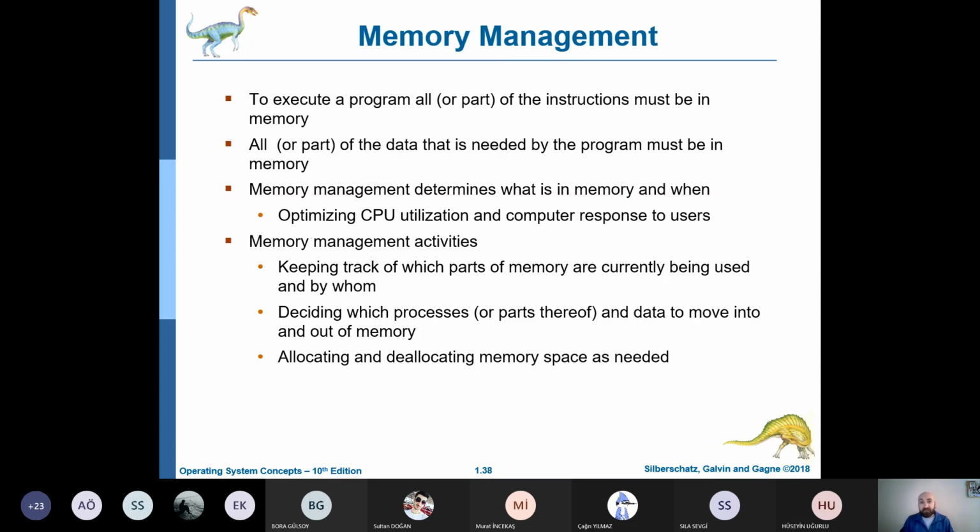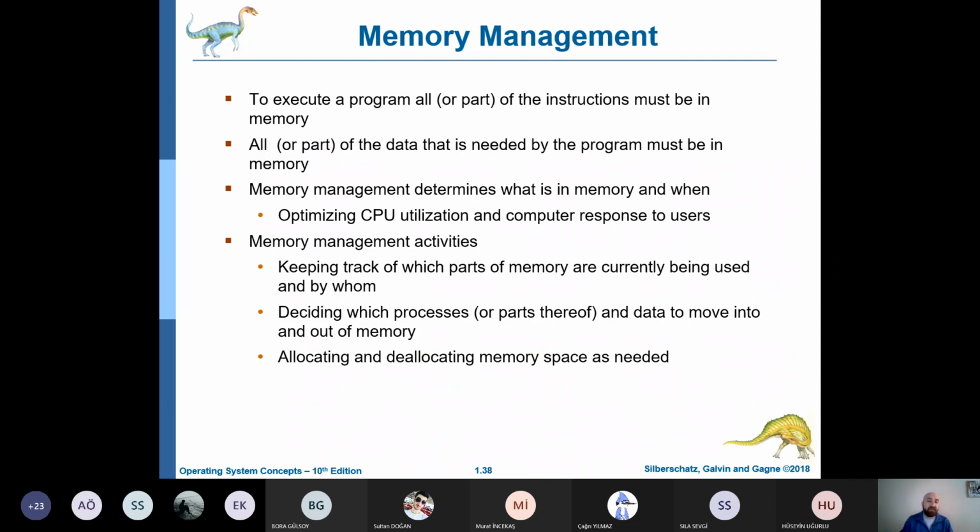The next resource we are going to talk about will be memory. As you know, the main memory is central to the operation of a modern computer system. For a program to be executed, it must be mapped to absolute addresses and loaded into memory.